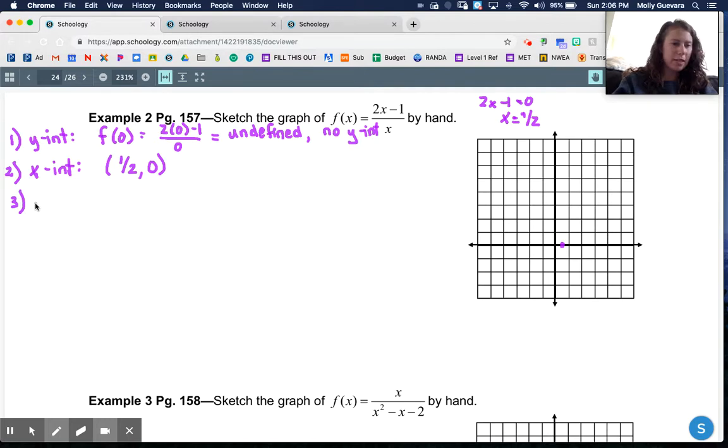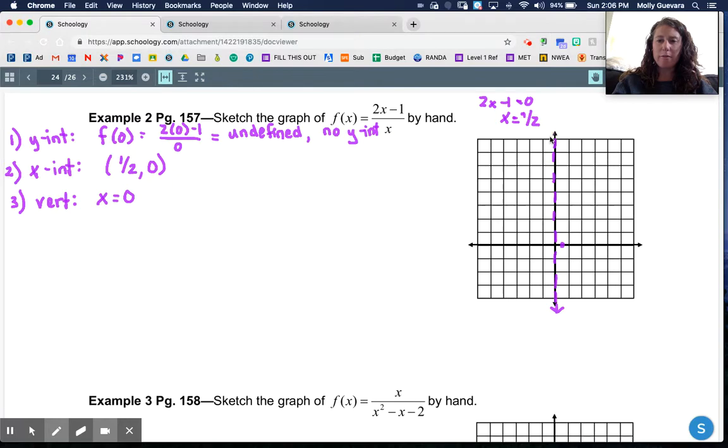Step 3 is to find any vertical asymptotes. So remember, the vertical asymptotes occur when the bottom is 0. So the value here that gives me 0 on the bottom is 0. So that tells me I have a vertical asymptote on the y-axis, which makes sense, right?